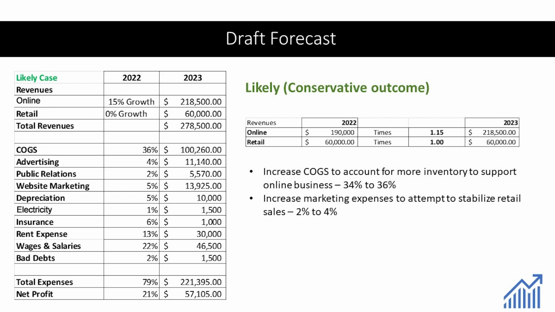And then what we do is we take those percentages and we multiply them times the 278,500, and that gives us individual numbers for our expenses.